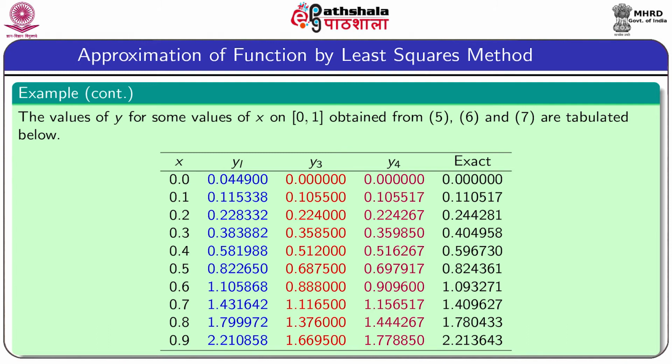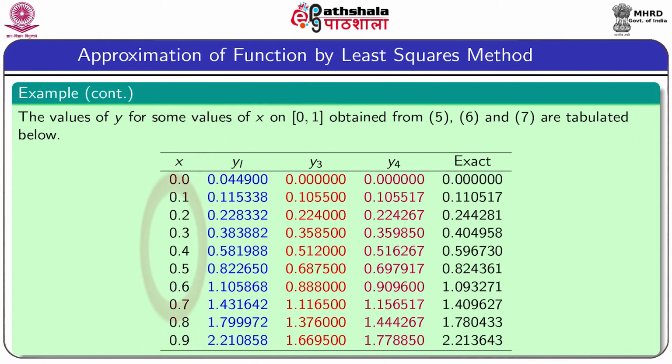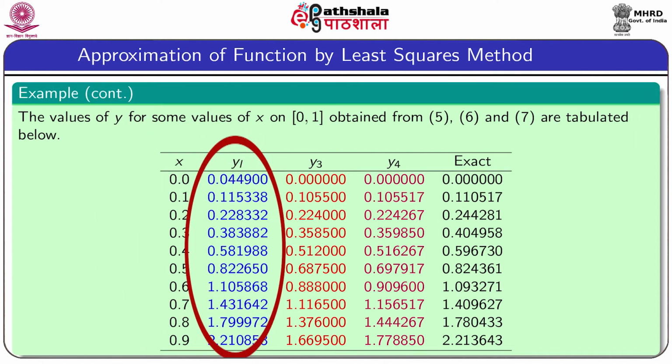Now, we compare the values of y, yl, y3, y4 and exact values in this table. Note that the first column represents the values of x and the second column represents the values of yl, that means the quadratic polynomial approximating the function x e^x.